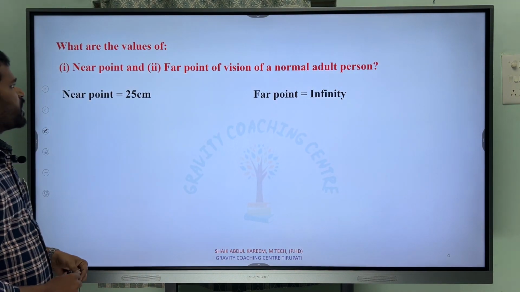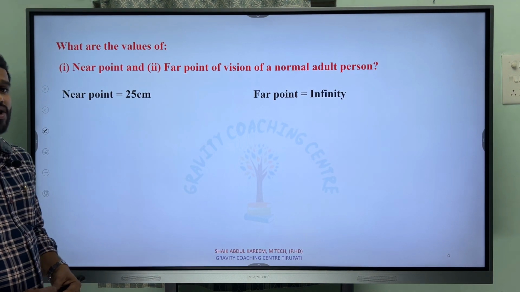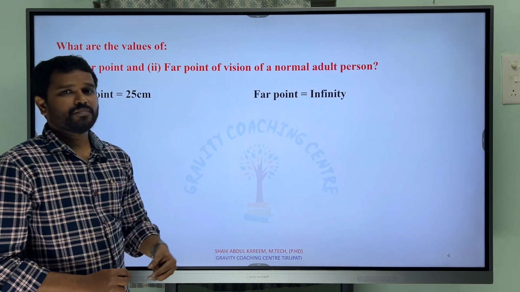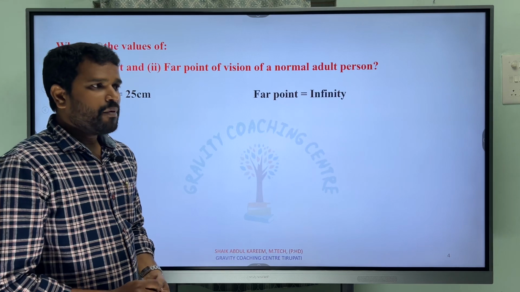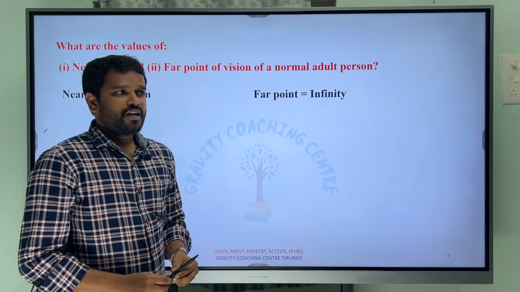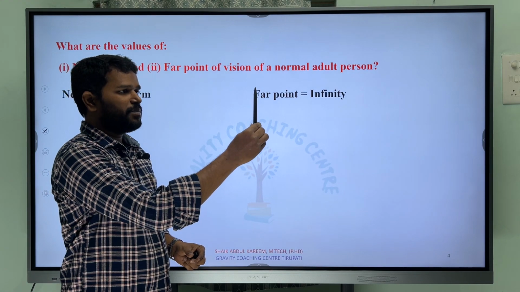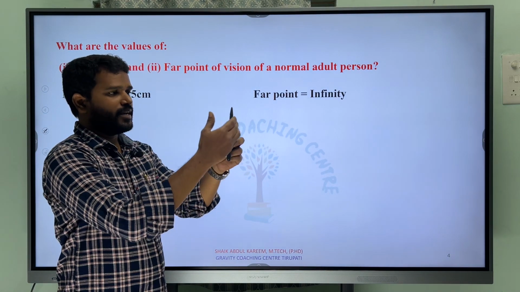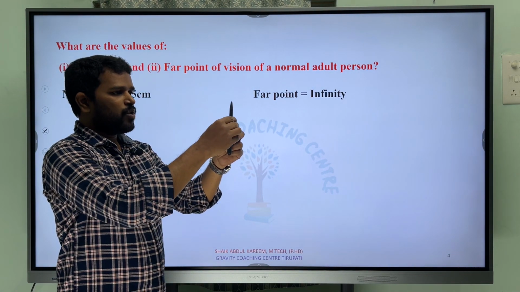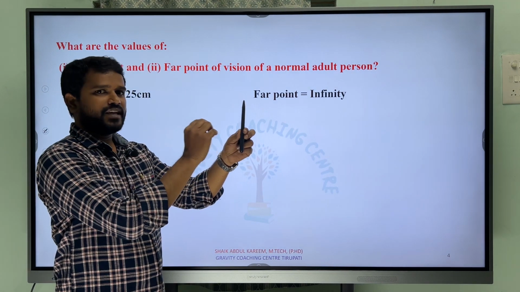What are the values of near point and far point of vision of a normal adult person? See, normally an adult person can see the objects which are at a distance of 25 centimeter from him, minimum distance, nearby. So up to 25 distance he can see.